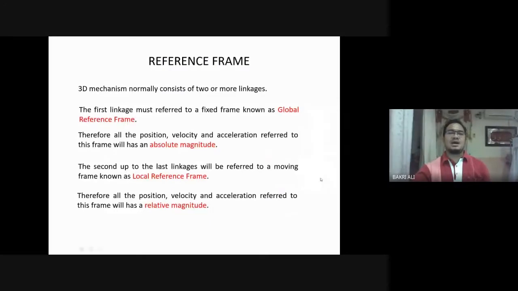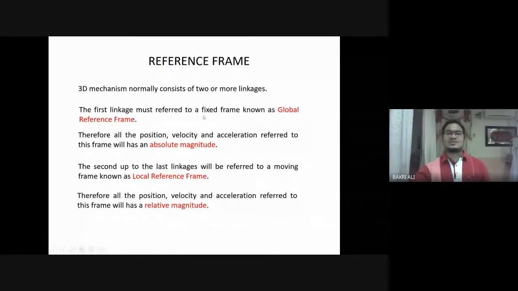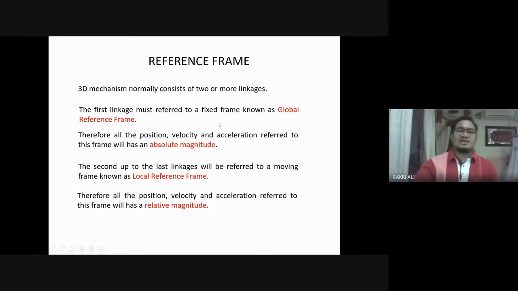Different name but similar meaning: fixed frame, global frame, or absolute frame. We can use any one of them, but for 3D, normally we use a global reference frame.